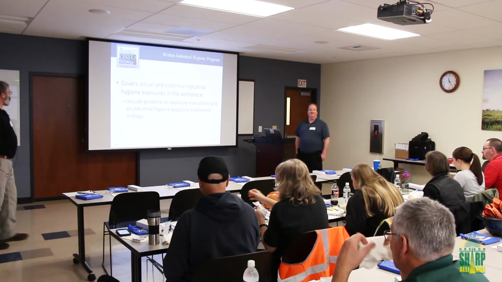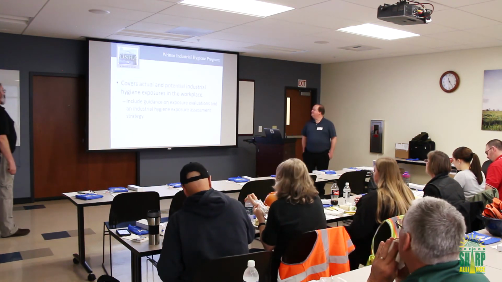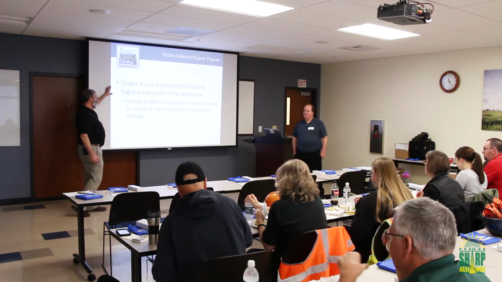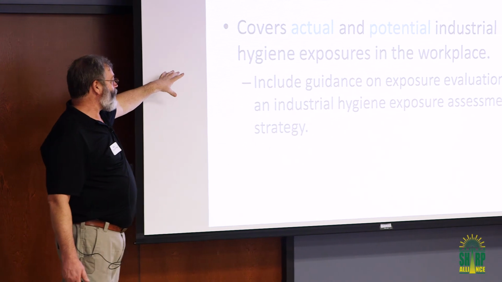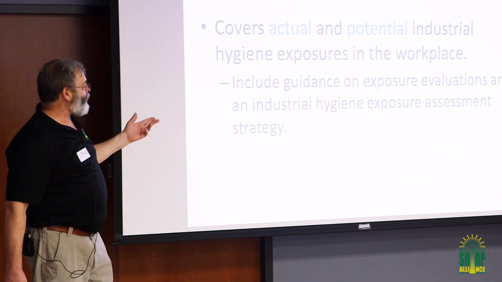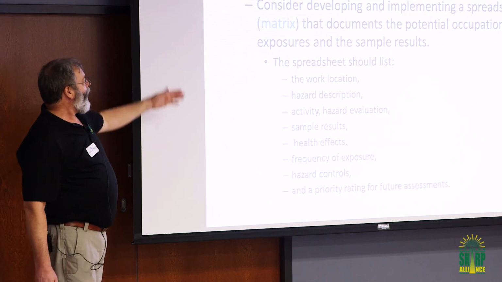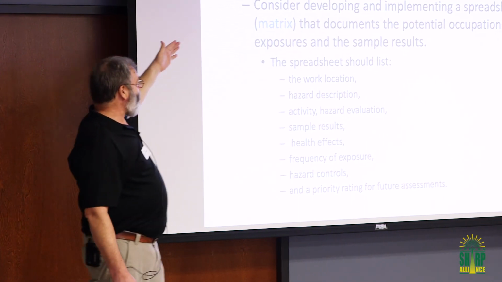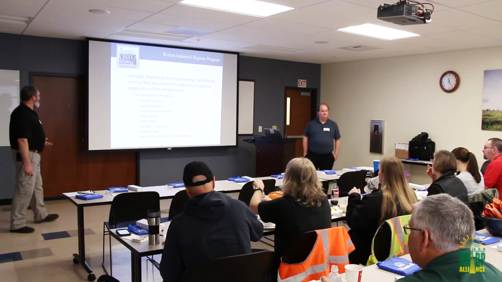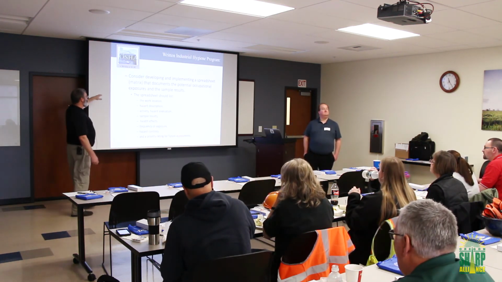It never ends. Okay? So your program again is going to cover the actual and potential industrial hygiene hazards in your workplace. It's going to include guidance on evaluations and IH exposure assessment strategy. Consider developing a spreadsheet or a matrix like some of those that we've shared with you that documents the potential exposures.